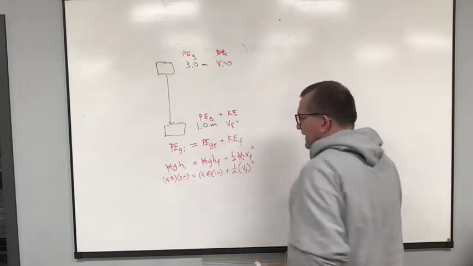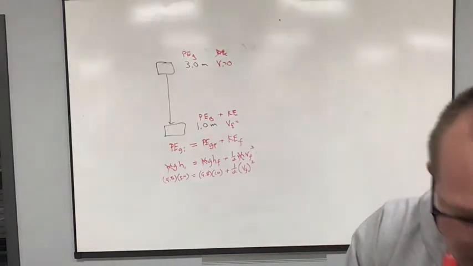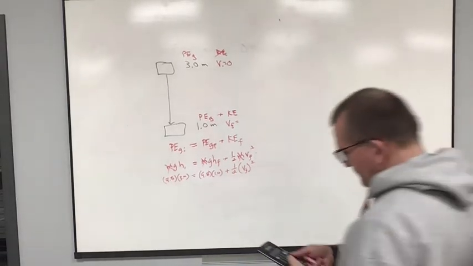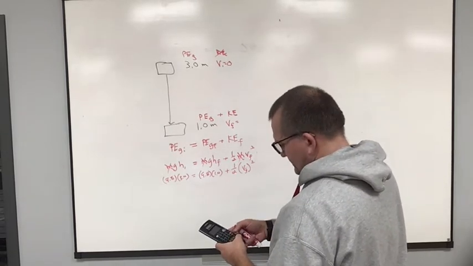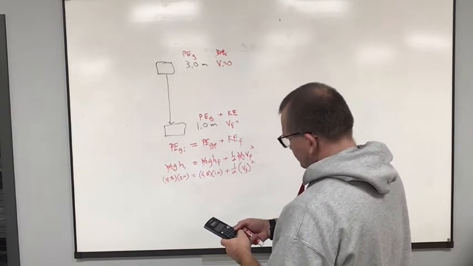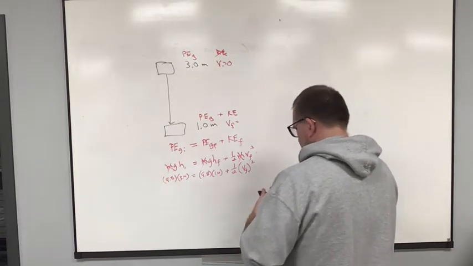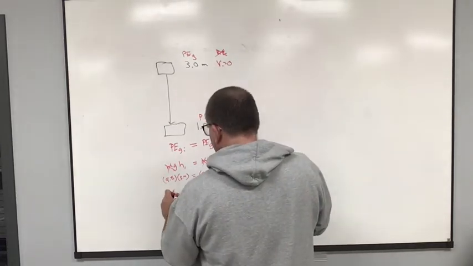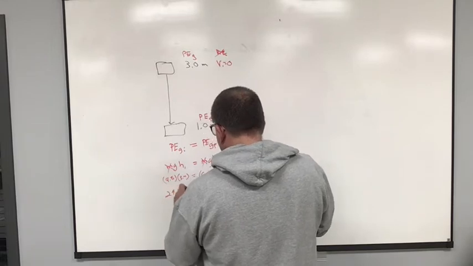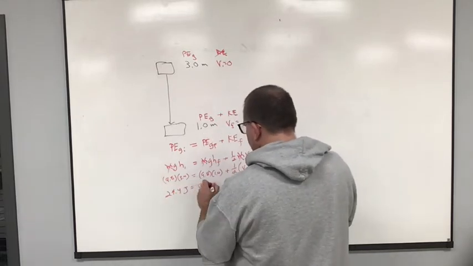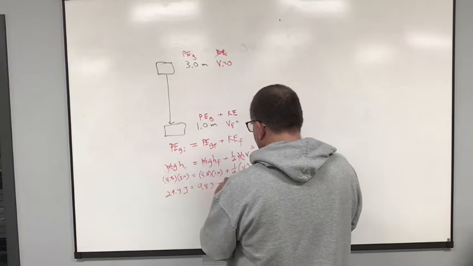So now I just do algebra from here. I'm going to assume that you can do this algebra. So I get 29.4 joules equals 9.8 joules plus 1/2 v final squared.